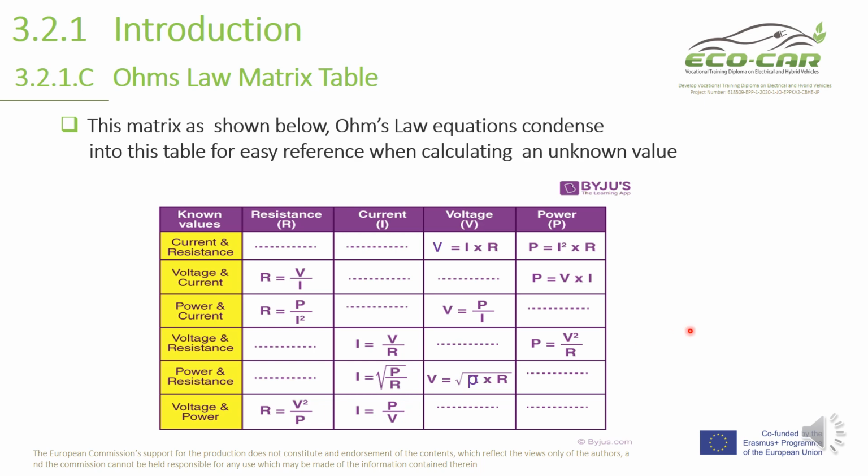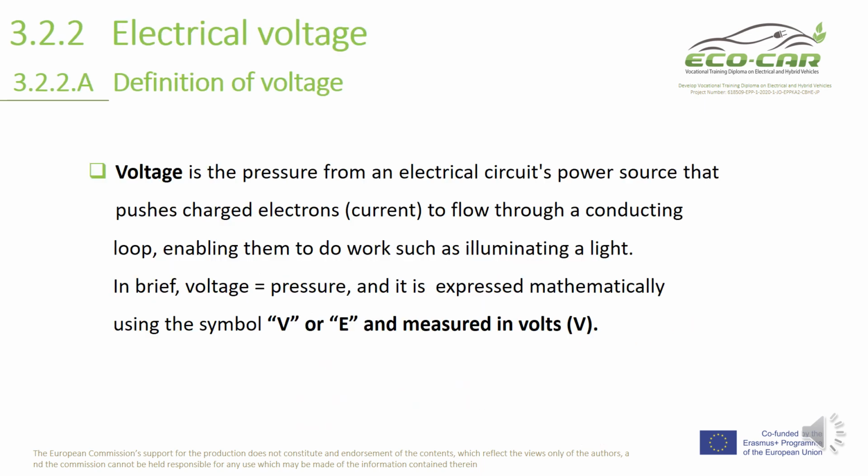Definition of voltage. Voltage is the pressure from an electrical circuit's power source that pushes charged electrons or current to flow through a conducting loop, enabling them to do work such as illuminating a light.